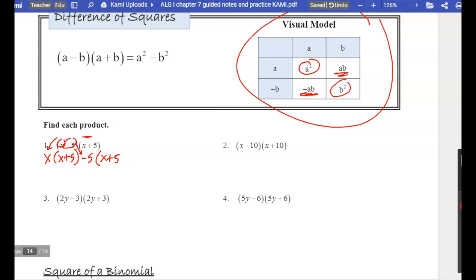So x, now I distribute: x times x is x squared, 5 times x is 5x, but then you'll notice over here, negative 5 times x is negative 5x, so those two are going to cancel. Negative 5 times positive 5 is negative 25. So you get x squared minus 25. Okay?